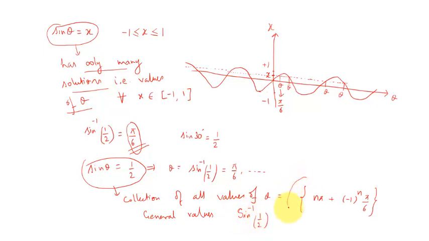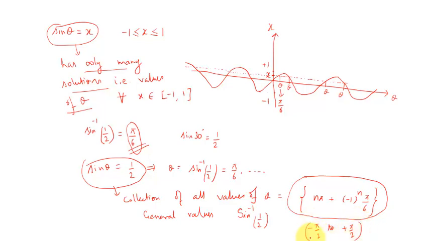From this set giving us general values of sine inverse 1 over 2, we choose that particular value as the principal value, which lies in the interval negative pi by 2 to plus pi by 2.